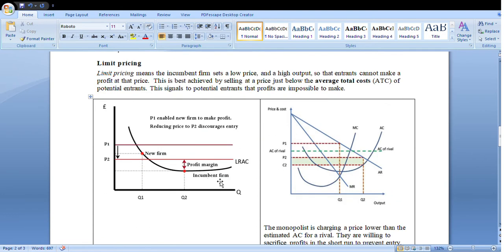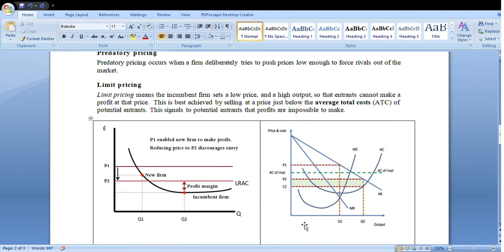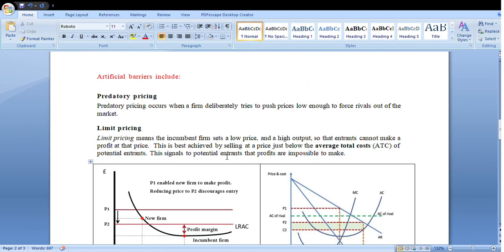Here are two graphs. This is limit pricing and this is predatory pricing, the graphs of these two artificial barriers.